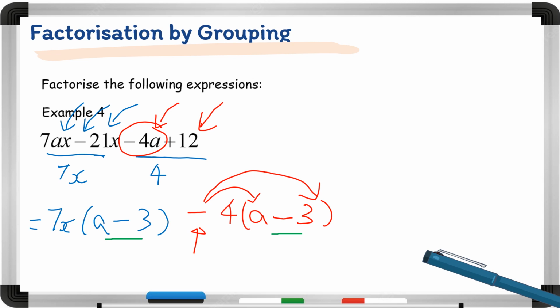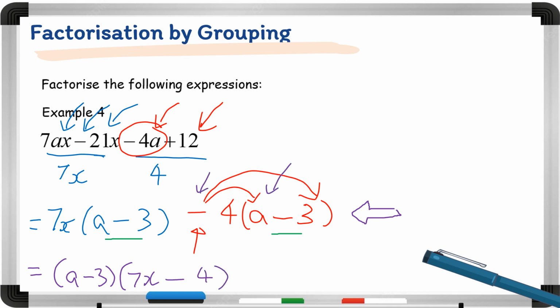In the next step here, we have two terms left. And the common factor is a minus 3. By now, you should realize that the first term we will have 7x left, and then we'll have an operation minus, and the second term we'll have 4 left. And that's how we do factorization by grouping.